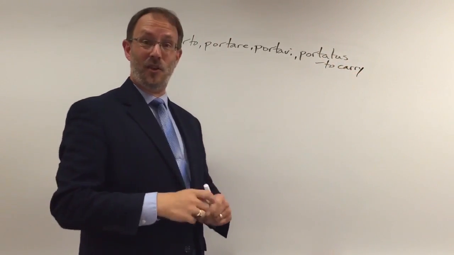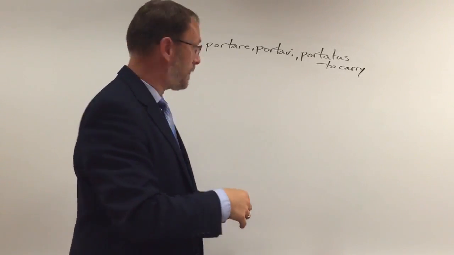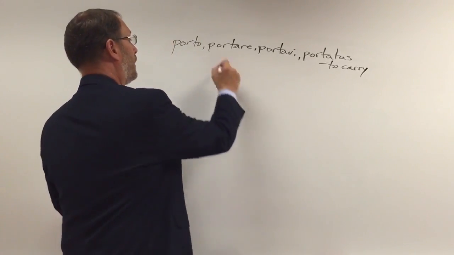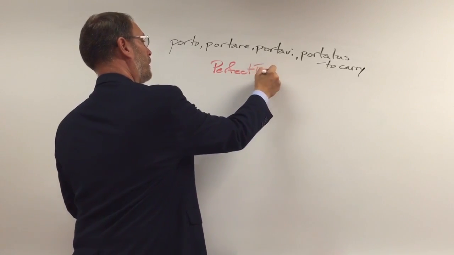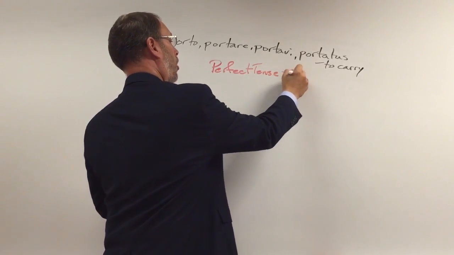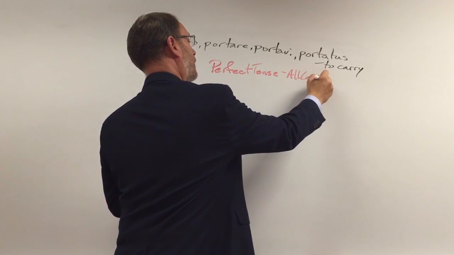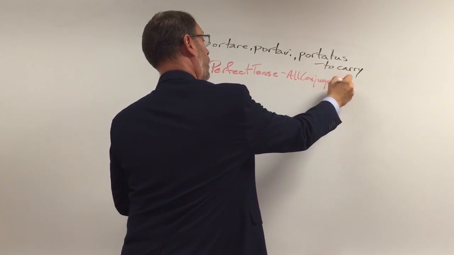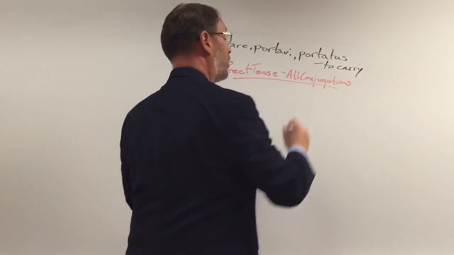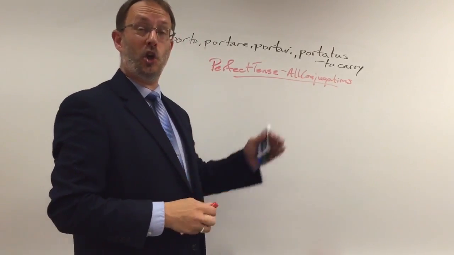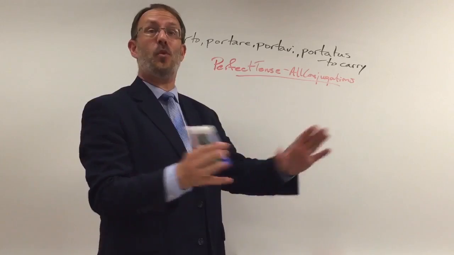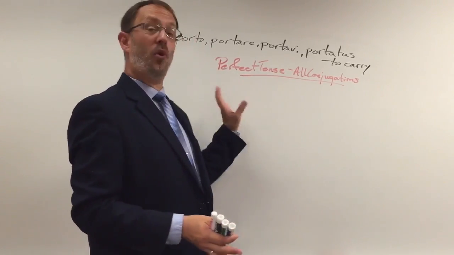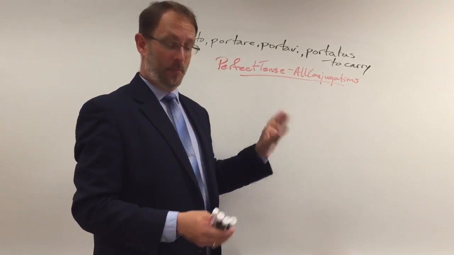Now, what I'm about to tell you, this is fantastic news for you. I'm going to give you the rules for the perfect tense, all conjugations. So the rules I'm going to give you are good for first conjugation, good for second conjugation, and good for conjugations or groups of verbs that we don't even know yet. These rules will always be the same. All right?